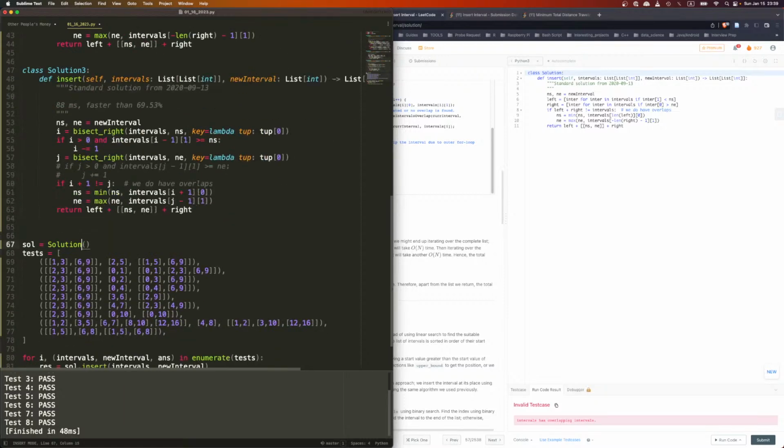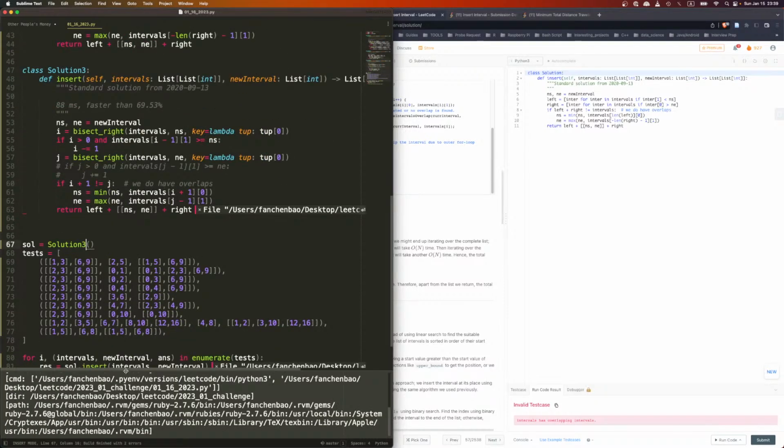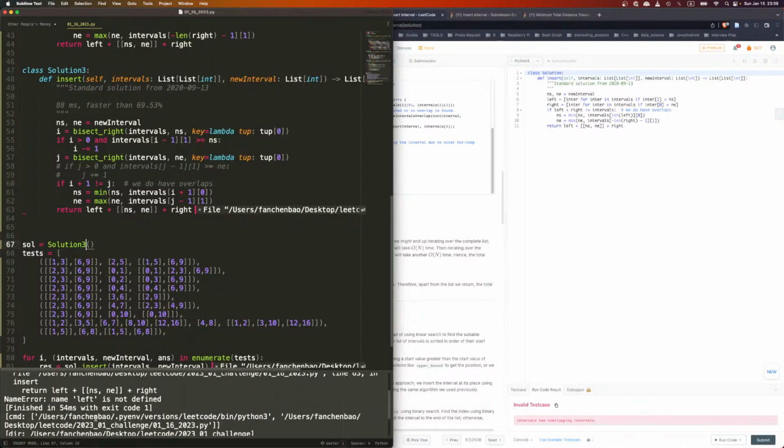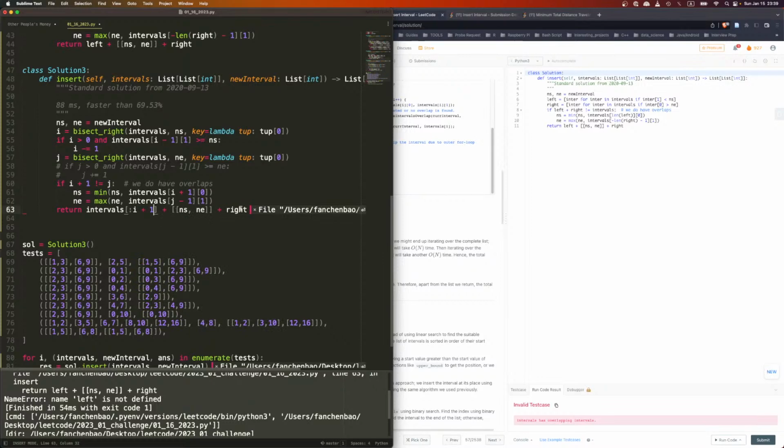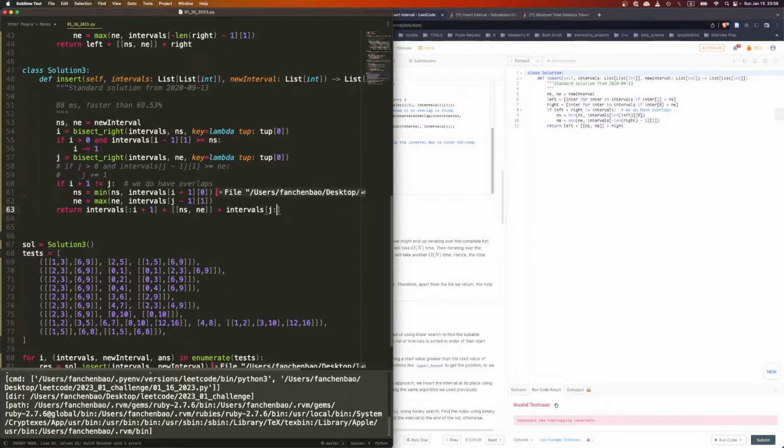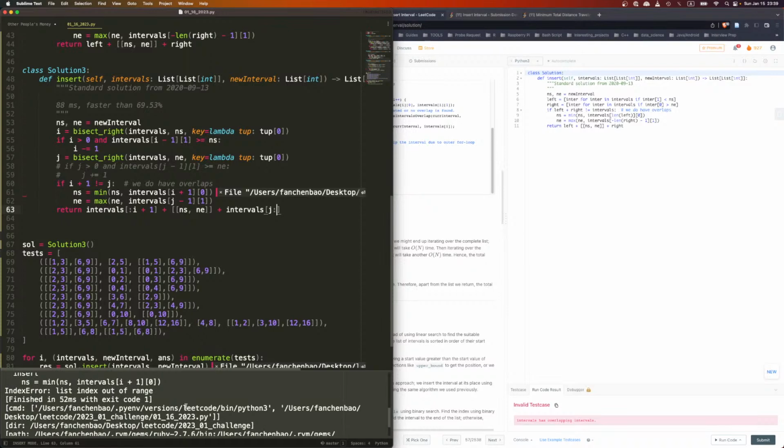Let's see, I'm not sure. Left is not defined. Of course left is not defined. It should be intervals towards I, right, plus intervals towards J. Which one?